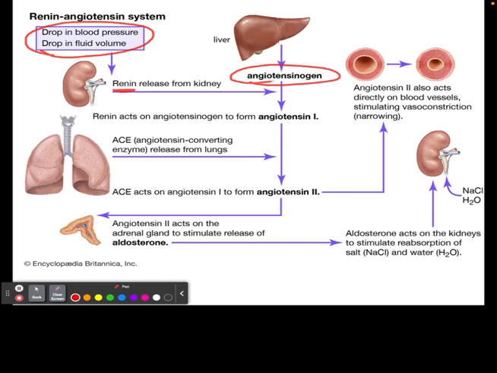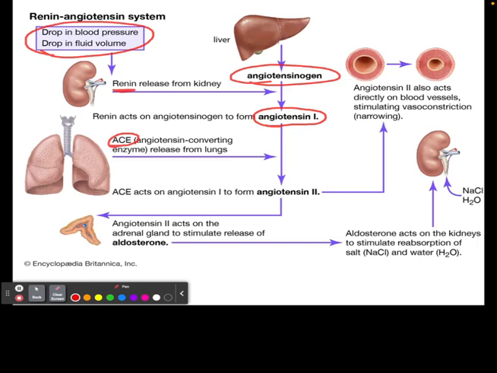So once angiotensin and renin come together, they are going to form angiotensin 1. From here, angiotensin 1 is going to work with another enzyme, which is known as the ACE enzyme, or angiotensin converting enzyme.